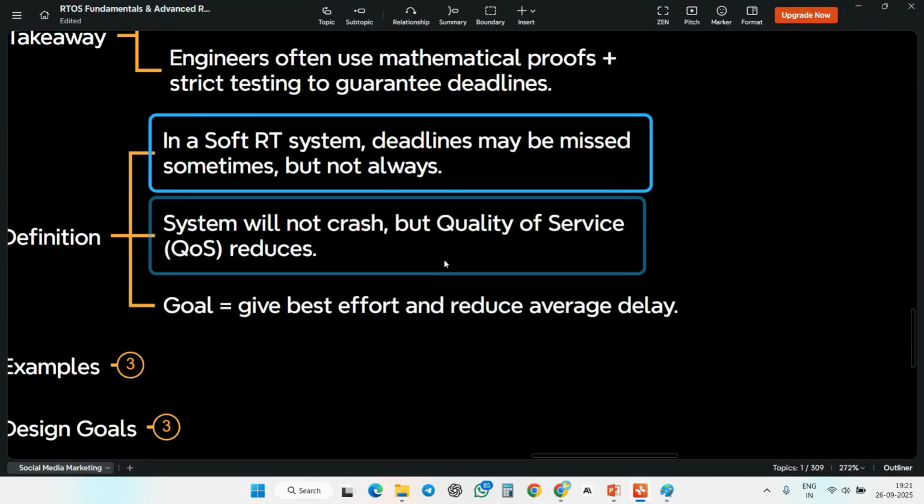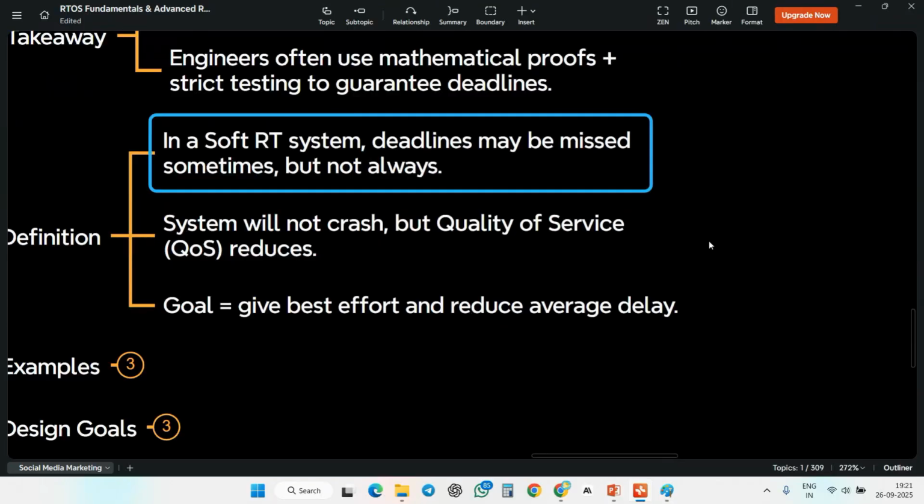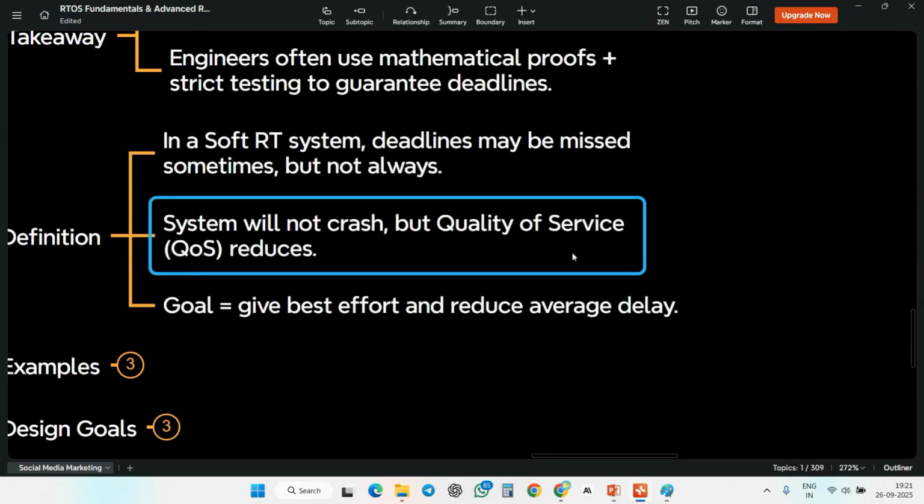It might happen, but not always. With soft real time, the delay is going to happen, but it is not going to crash your system; your quality of service is going to be reduced.